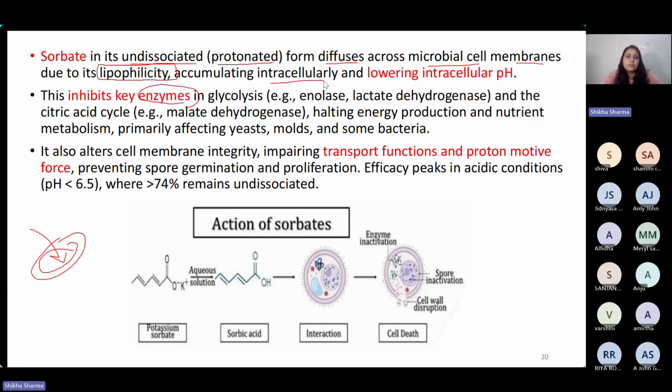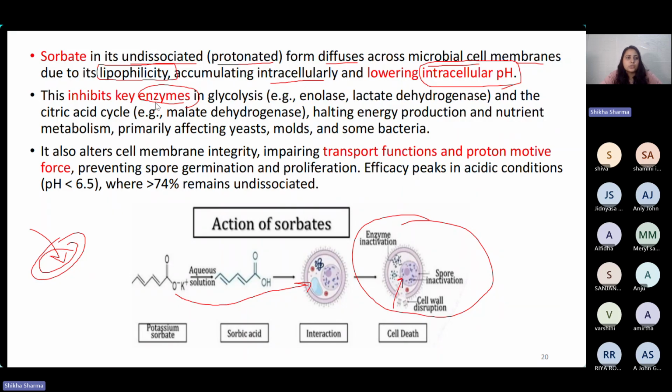It is going to accumulate intracellularly, inside the cell of the microorganism, and lower the intracellular pH there. So here we can see that potassium sorbate interacts with the microorganisms and inactivates them, because it can go inside the cell and lower the pH.